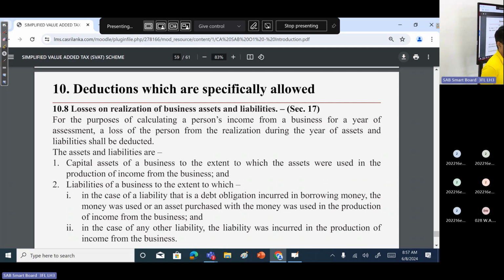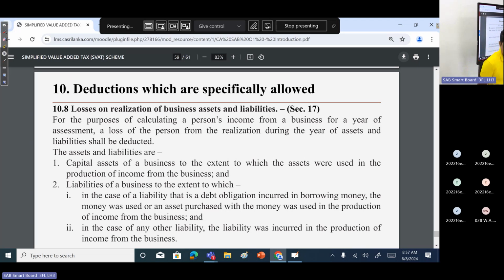We call it balancing loss or assessable charges. So here again it says, for the purpose of calculating a person's income from a business for a year, the loss of a person from the realization during the year of assets and liabilities, even liabilities. Honestly, there is no realization of a liability, so at the settlement of a liability, if there are any losses, it shall be deducted.